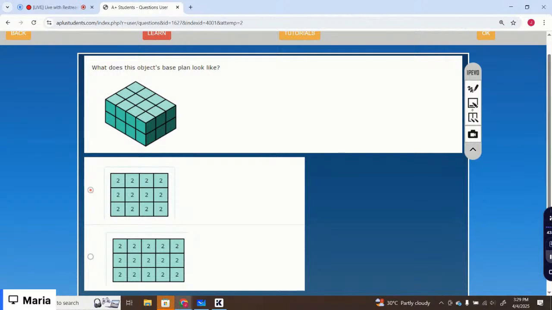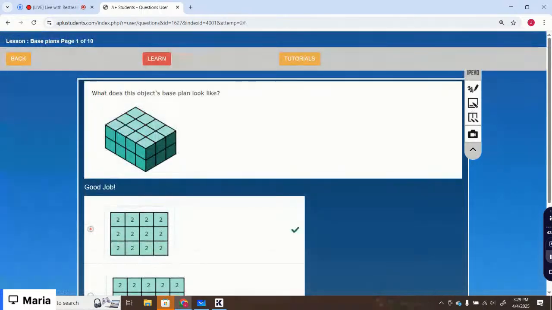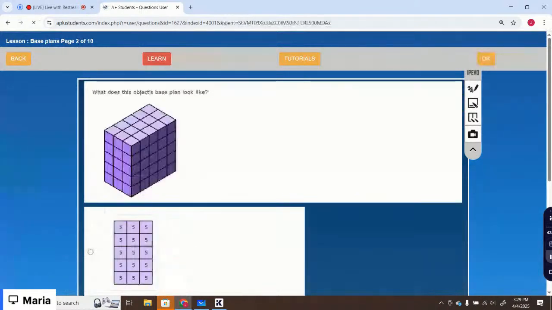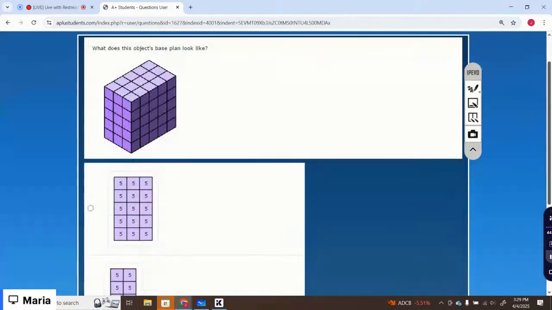Option number 1 is the correct option, right? What does this objects based plan look like?